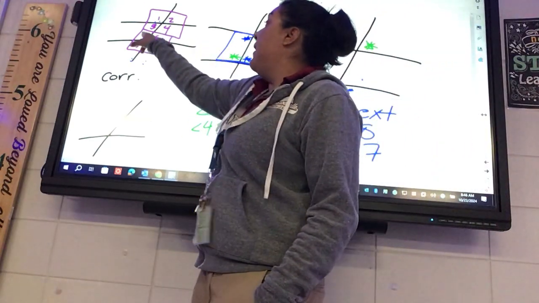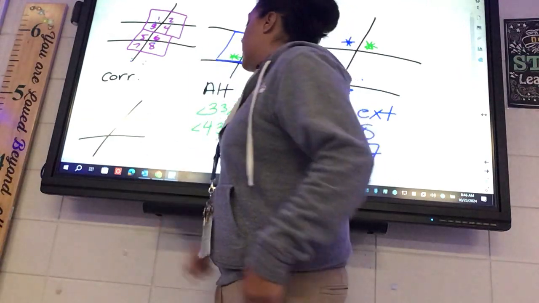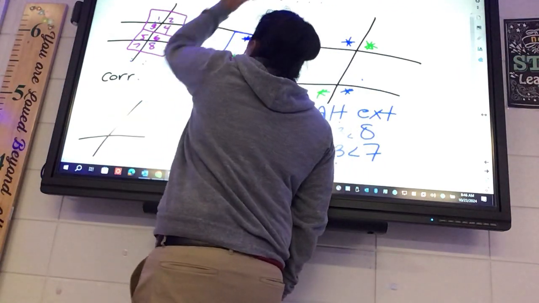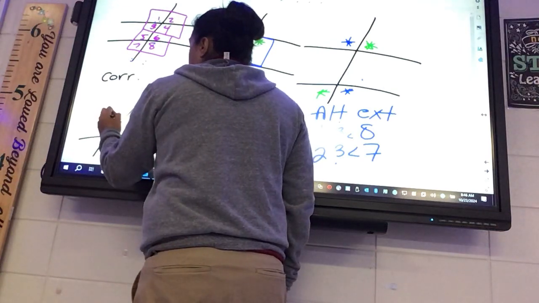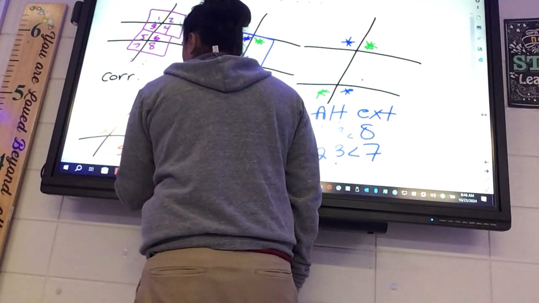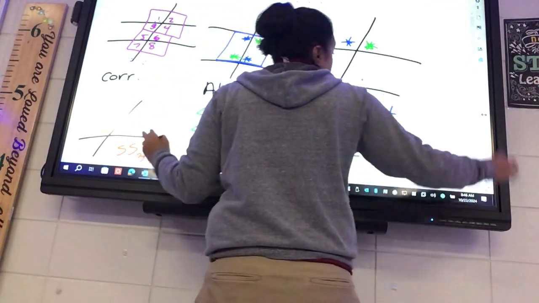So 3 and 5 would be one pair. What would be the other one? 4 and 6. So 3 and 5, and 4 and 6, are same side interior.